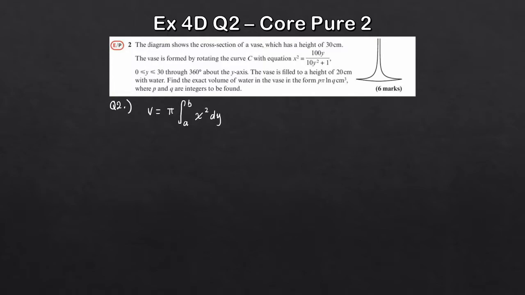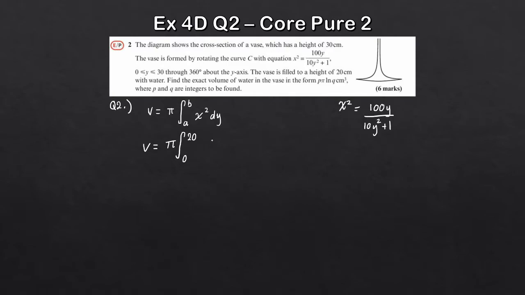So the limits, well, if you read the question, we're told that the vase is filled to a height of 20 centimetres with water. So essentially we're going from 0 to 20, right? If we're filling this vase up with water. So we can write that then for our question here, that V is equal to pi times the integral from 0 to 20 of x squared, where x squared is 100y over 10y squared plus 1.